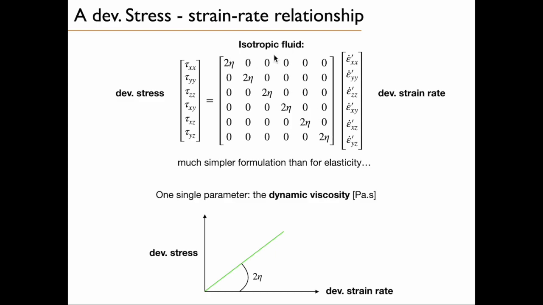There is no off-diagonal term as we had for the case of elasticity using a total stress formulation. So there's one single parameter, and that's the dynamic viscosity, which we will be using a lot in the exercises. So the dynamic viscosity, eta, is in units of Pascal times second again. That's the slope on the deviatoric stress versus deviatoric strain rate diagram.